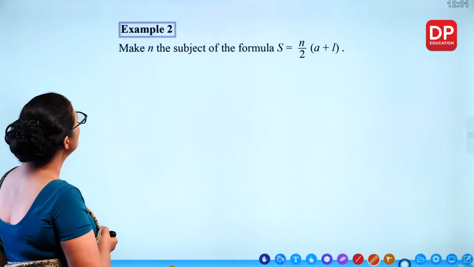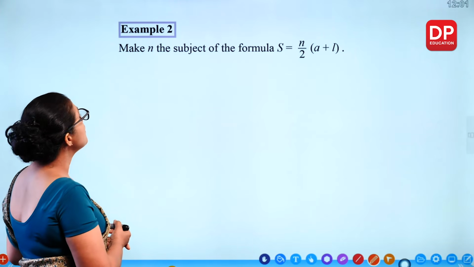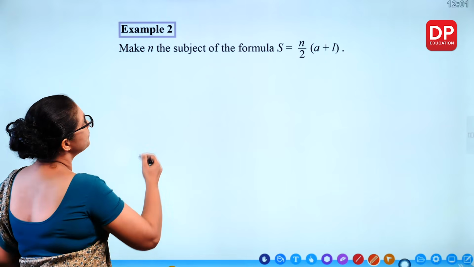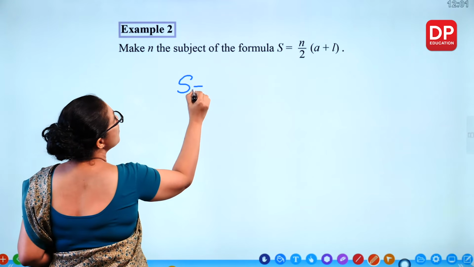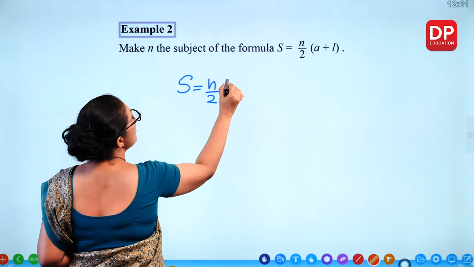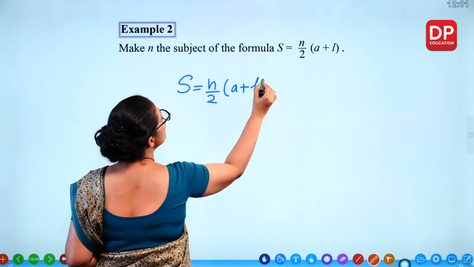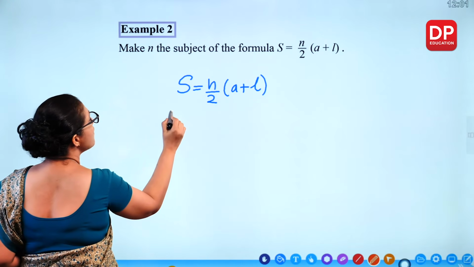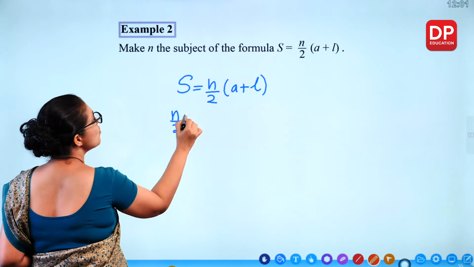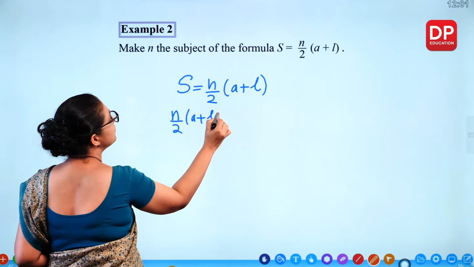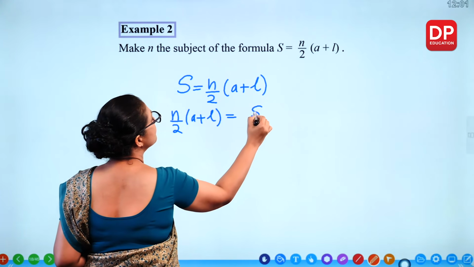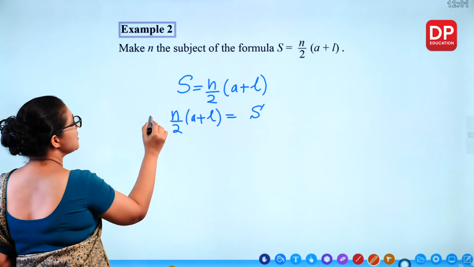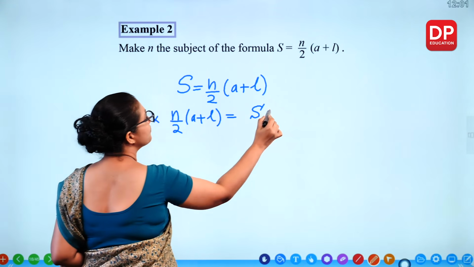Example number 2. Make N the subject of the formula. S equals N over 2 times A plus L. So N is on this side, so I can rewrite this one, N over 2 times A plus L. Now multiply both sides by 2.